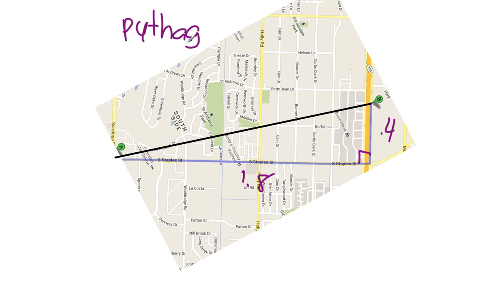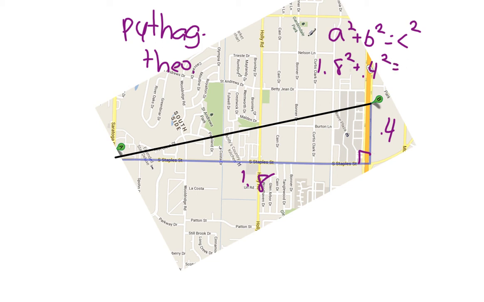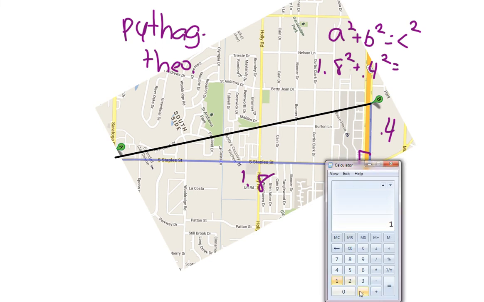Okay, and that basically says a squared plus b squared equals c squared, right? So this is basically 1.8 squared plus 0.4 squared equals something. So we take out our calculators and we work this out real fast.